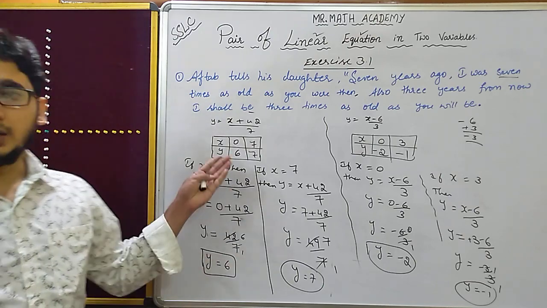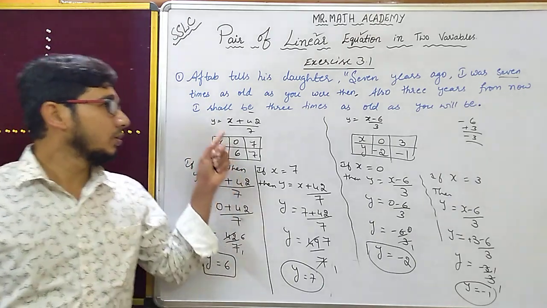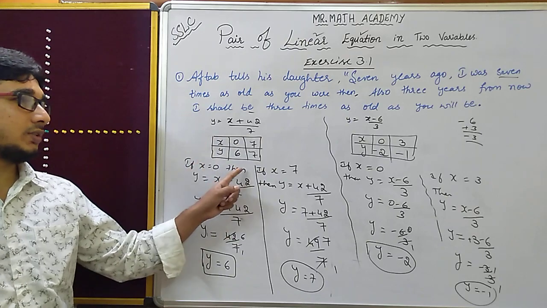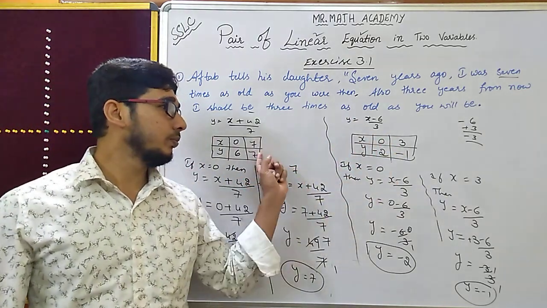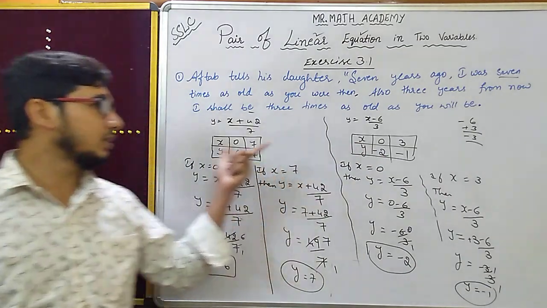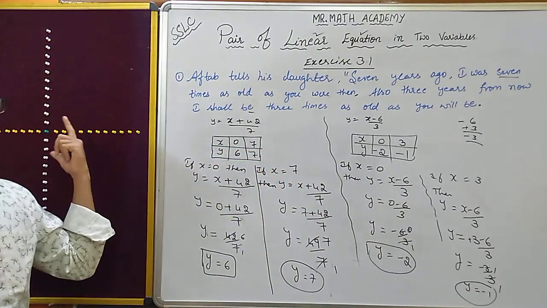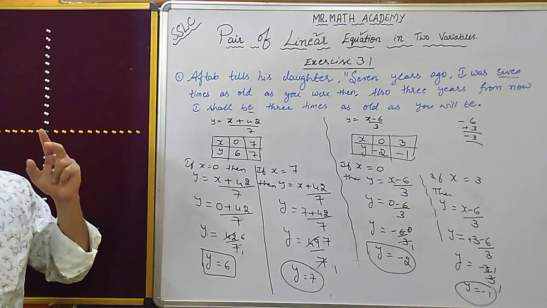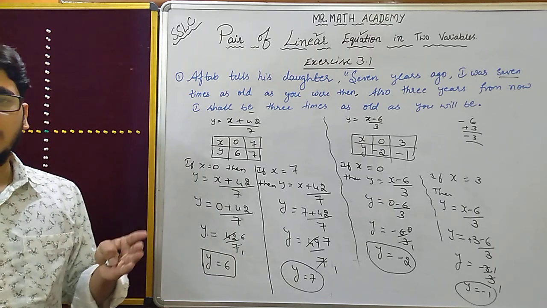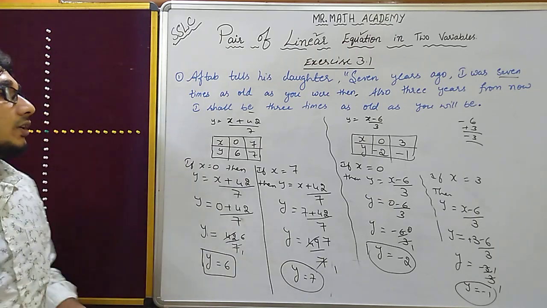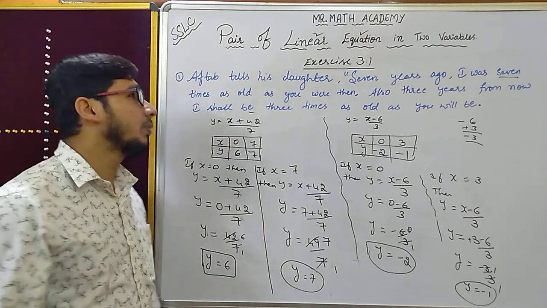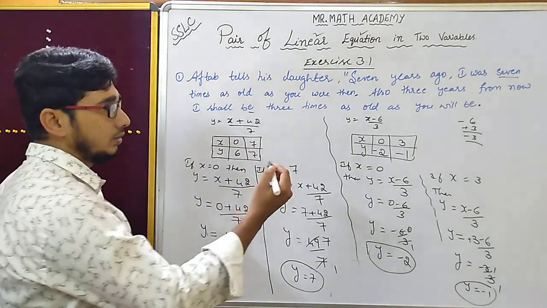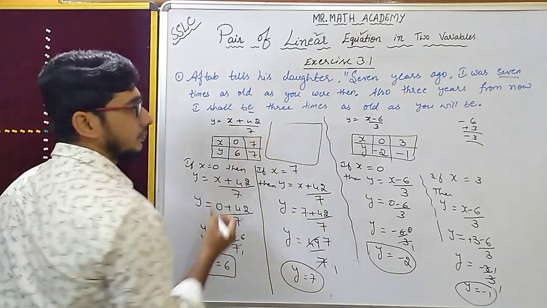Now I got the points. For this equation I got these points, and for this equation I got these points. I just have to plot these points in this graph and you will get the straight lines. And there is a possibility of only 3 cases. If you are plotting 2 lines in the graph, there are 3 cases.